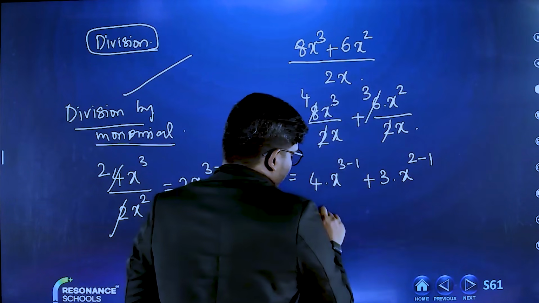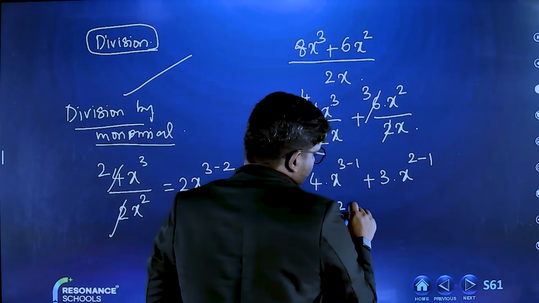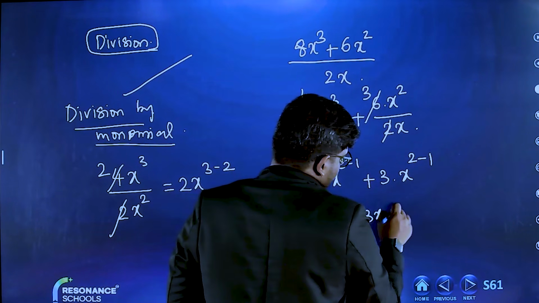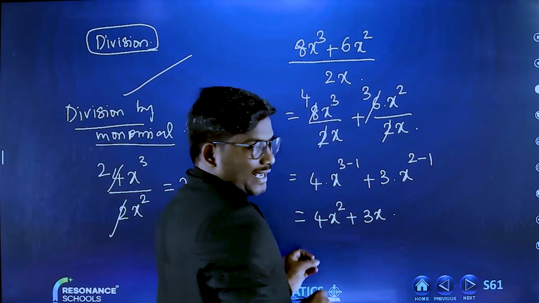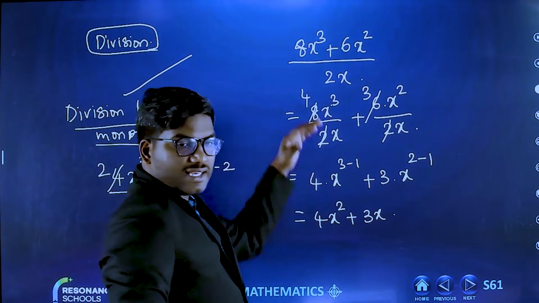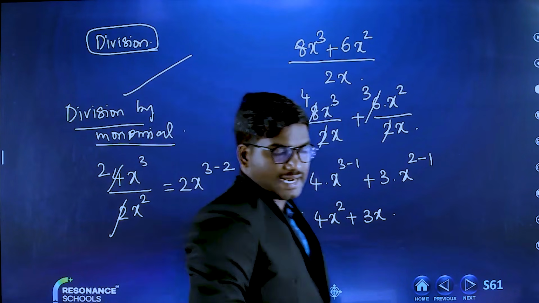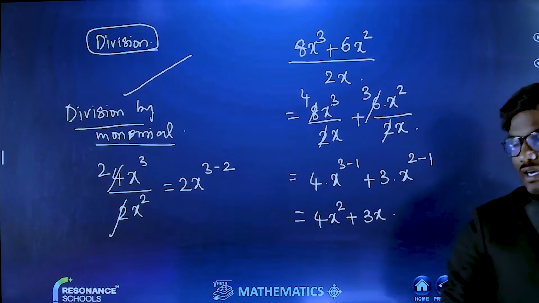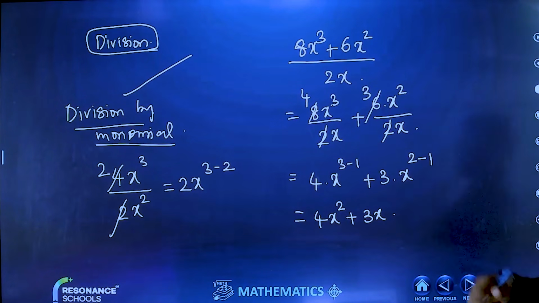So it will be 4x square plus 3x. This is the resultant quotient upon division of a polynomial expression by a monomial. Quickly note this down.